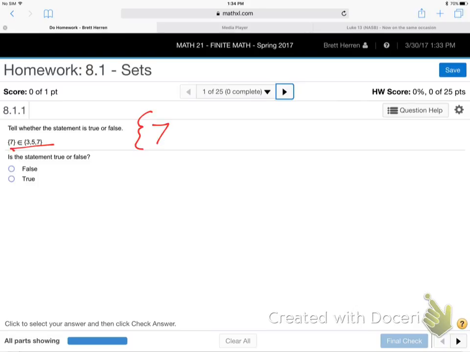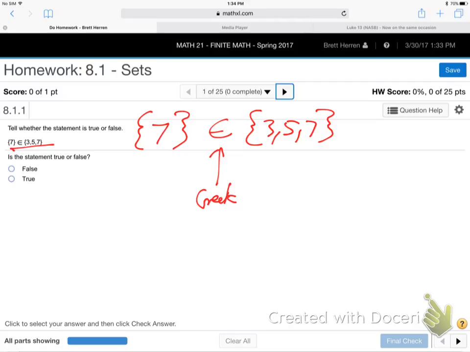It's got this set containing 7, and then this funny looking thing right there, and then the set containing 3, 5, and 7. That little symbol there is like a Greek E, technically called epsilon. It just means element of.